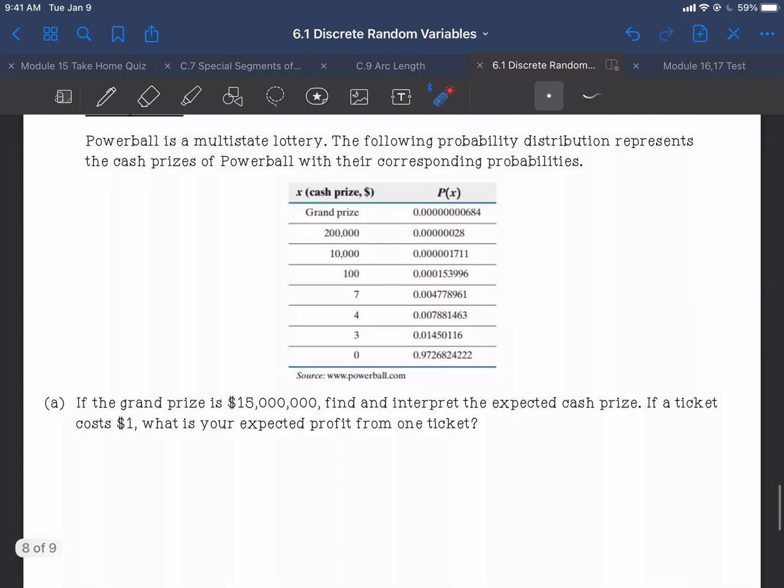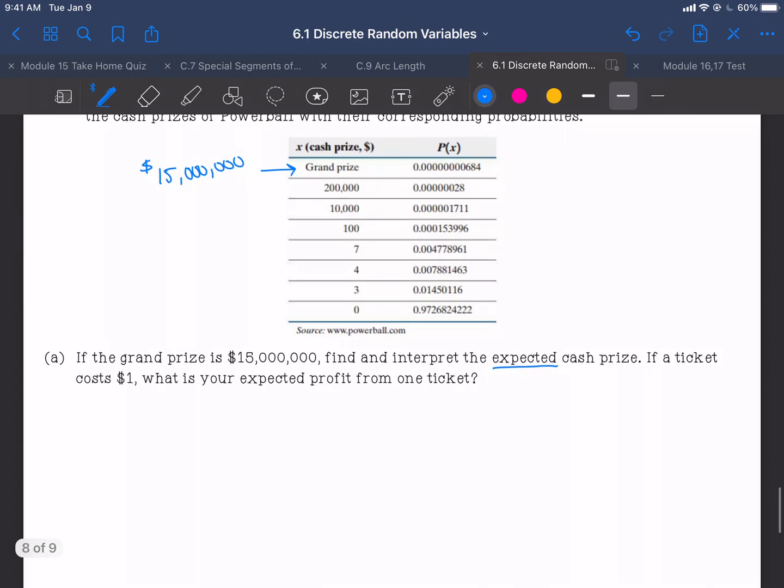So in part A, if the grand prize is $15 million here, so now we know the prize of 15 million, find and interpret the expected cash prize. If a ticket costs $1, what is your expected profit from one ticket?